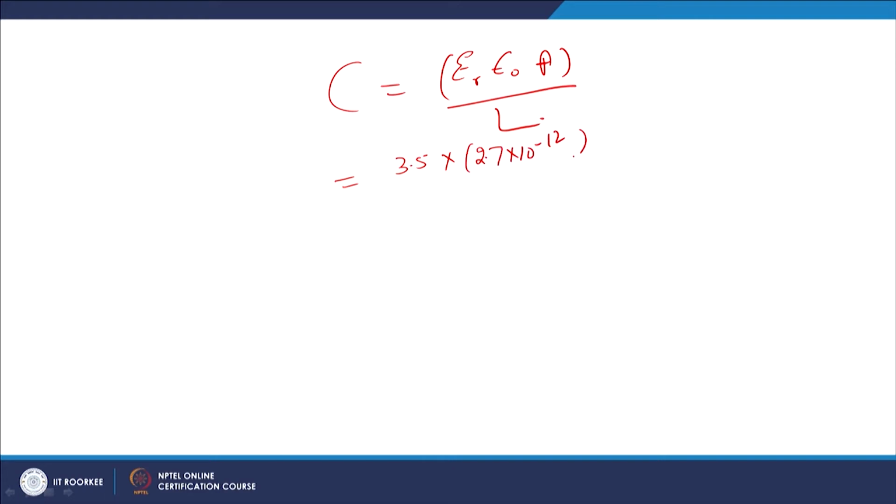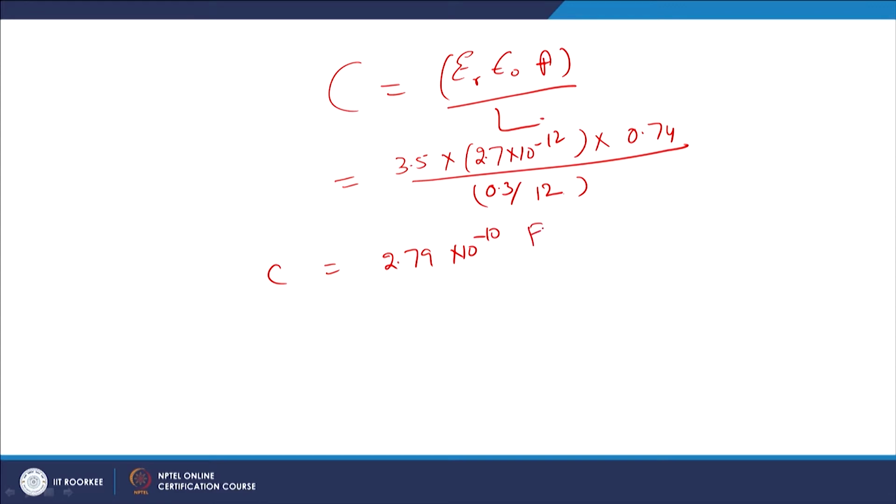So, considering the case of two parallel plates, C is equal to epsilon R epsilon naught A upon L. If we substitute the values, that is 3.5 which is given in the problem, into 2.7 into 10 to the power minus 12 into 0.74 divided by 0.3 by 12, C comes out to be 2.79 into 10 to the power minus 10 farad.